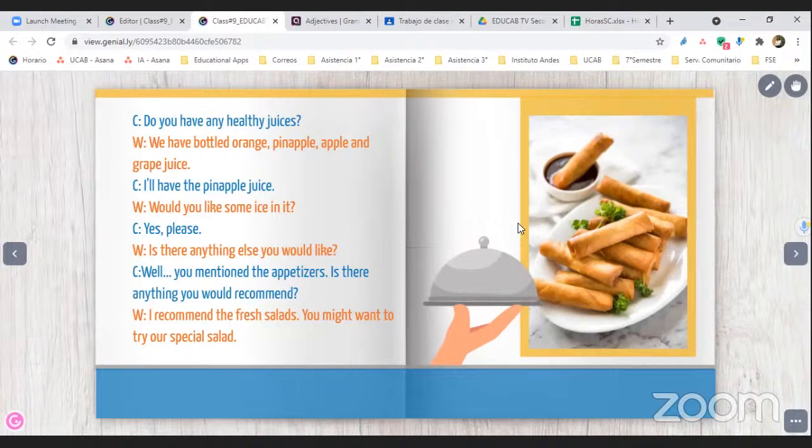Maybe Ildamar or Gildamar. What kind of juice did the customer want? What kind of juice? No?